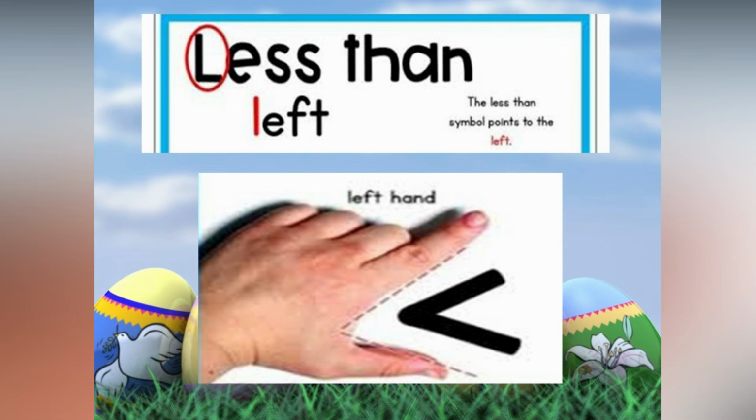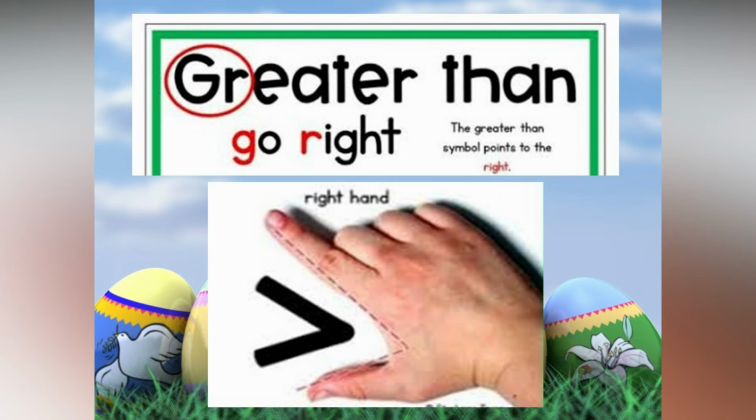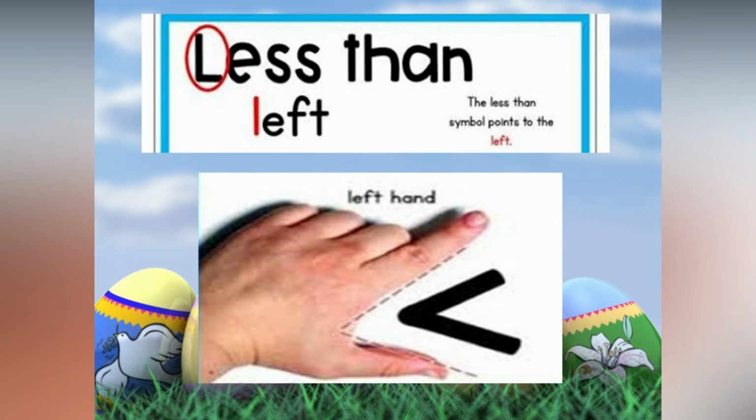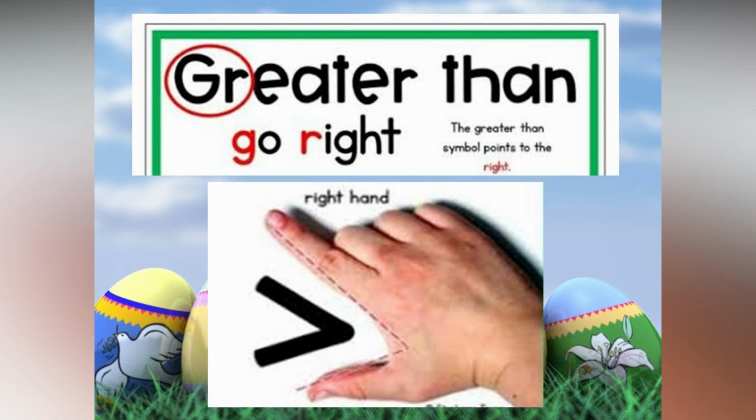The L shape stands for less than. Then, you can again form an L shape using your right hand, and the L shape formed on your right hand stands for greater than. Again, the L shape formed by your left hand is less than, and the L shape formed by your right hand is greater than.